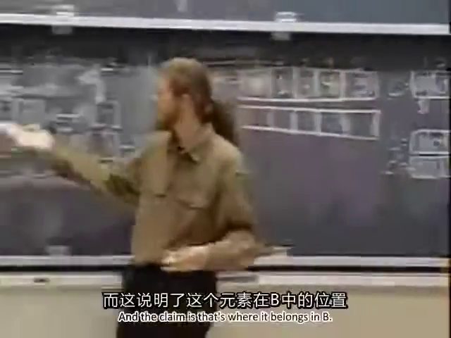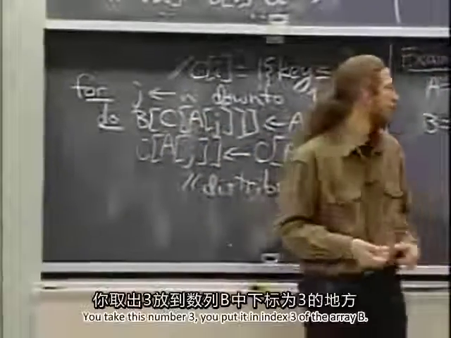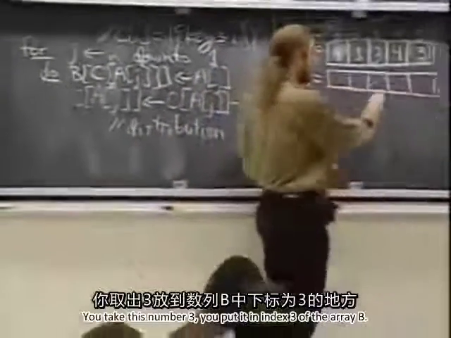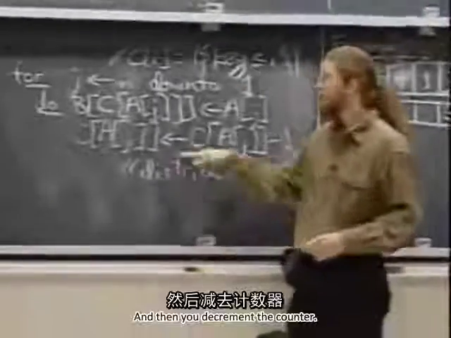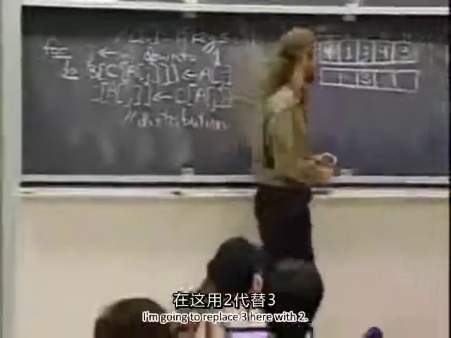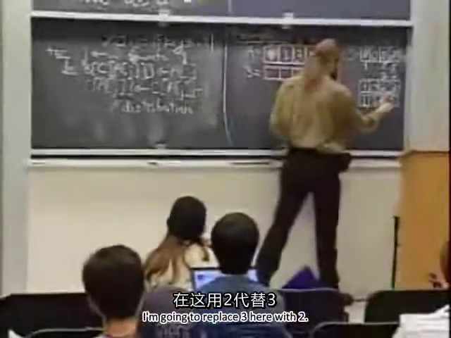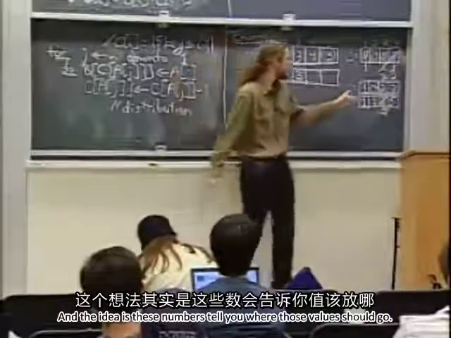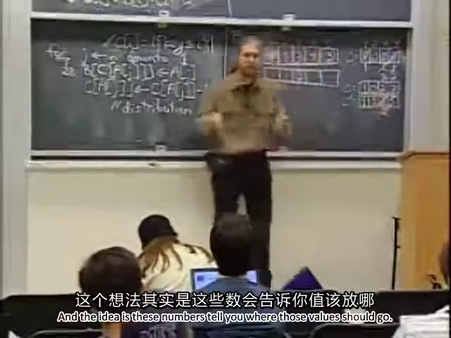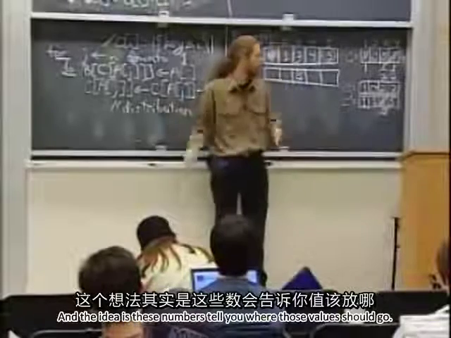And the claim is that's where it belongs in B. So you take this number 3, you put it in index 3 of the array B, and then you decrement the counter. Okay, so I'm going to replace 3 here with 2.